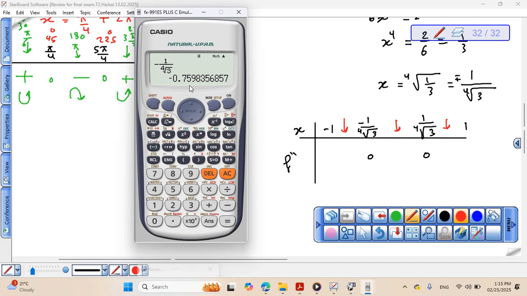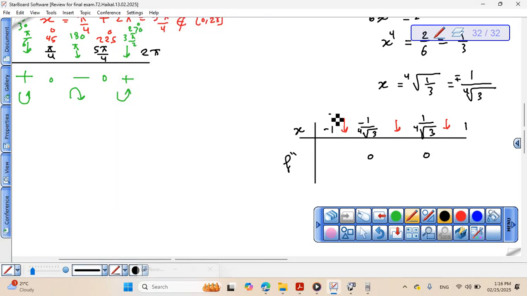Okay, maybe we can choose a checkpoint -0.8. Here between them 0, here 0.8. This is the checkpoint I can use.